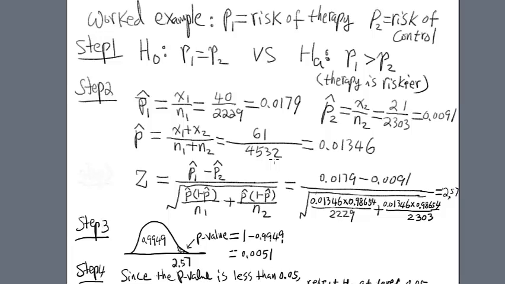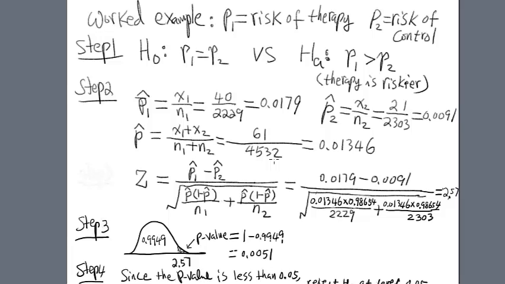And step 3, you calculate the p-value based on the normal distribution. Because the alternative hypothesis, HA, is P1 greater than P2, the p-value is equal to the right tail area, which is 1 minus the left area.